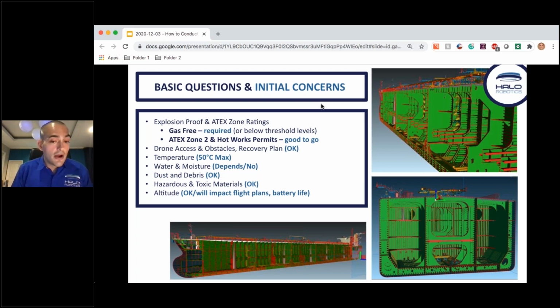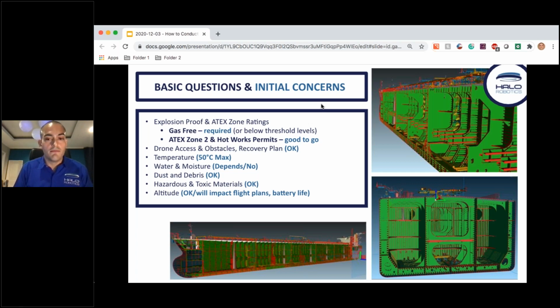This is actually an operation that we decided was not feasible because basically the entire top section of those compartments goes above 50 degrees Celsius. We noticed that this has an important safety implication, in that there are lithium polymer batteries on the drones. We need to attend to that.